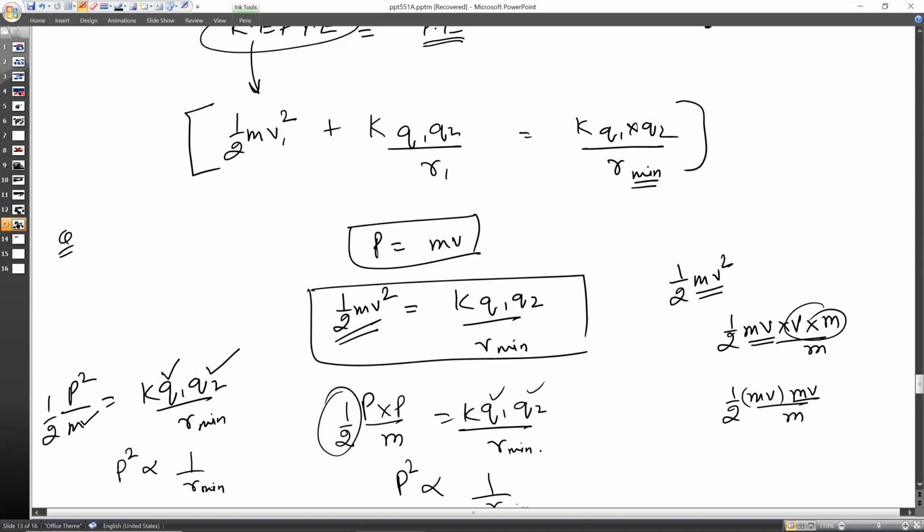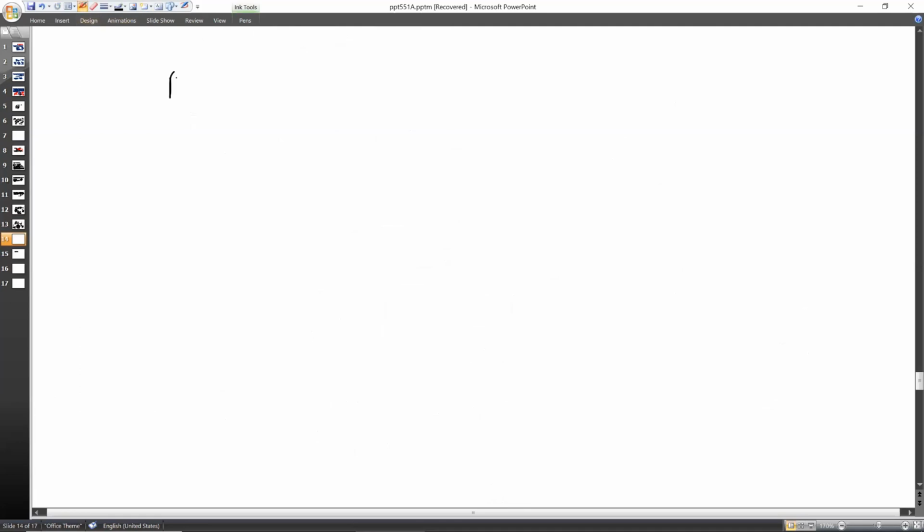It is asking about the distance of closest approach. If p square is inversely proportional to r minimum, then r minimum is inversely proportional to p square. Got it?